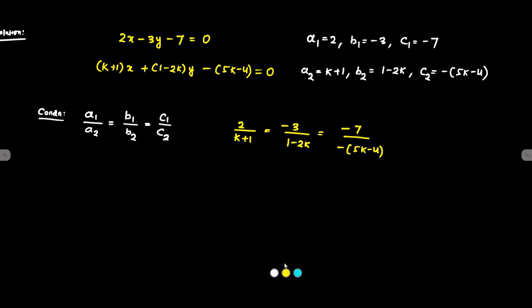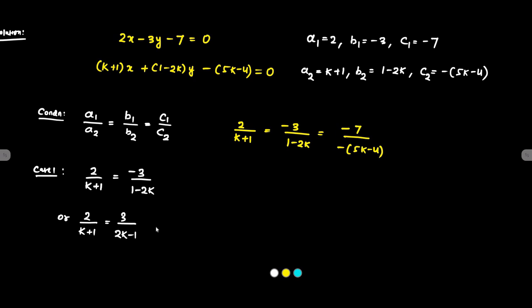So the first case: 2 by k plus 1 should be equal to minus 3 by 1 minus 2k, or 2 by k plus 1 is equal to 3 by 2k minus 1, by multiplying minus 1 in both the numerator and denominator.